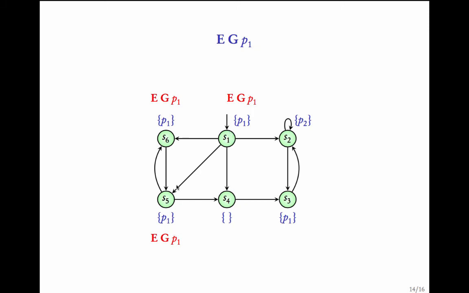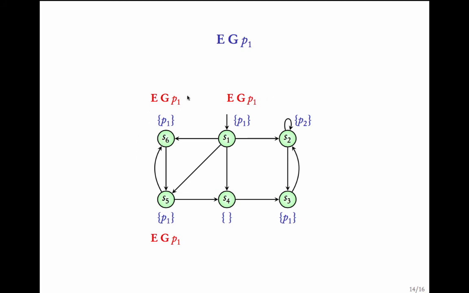There exists a transition that goes to a state satisfying EGP1. So we do not remove the label from this state as of now. What about S6? There exists a transition leading to a state which satisfies EGP1. So we do not remove the label from this as well. In fact, these three states indeed satisfy EGP1.